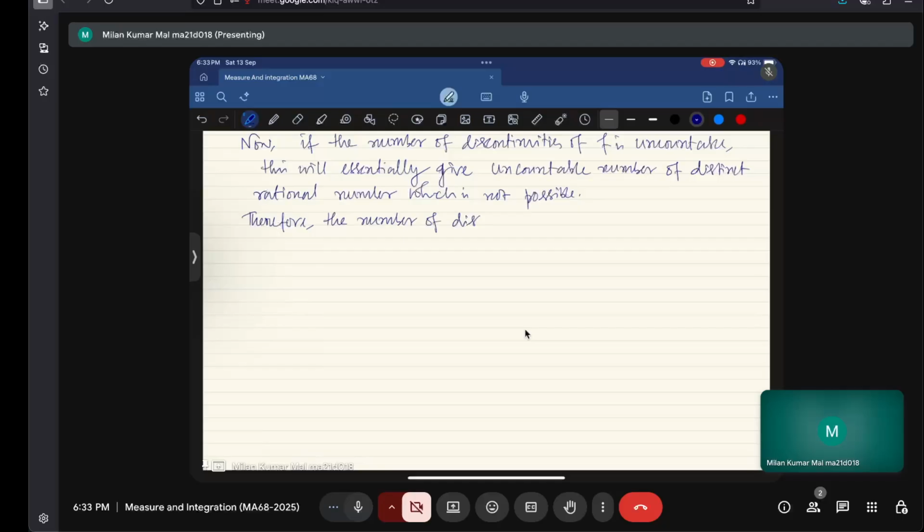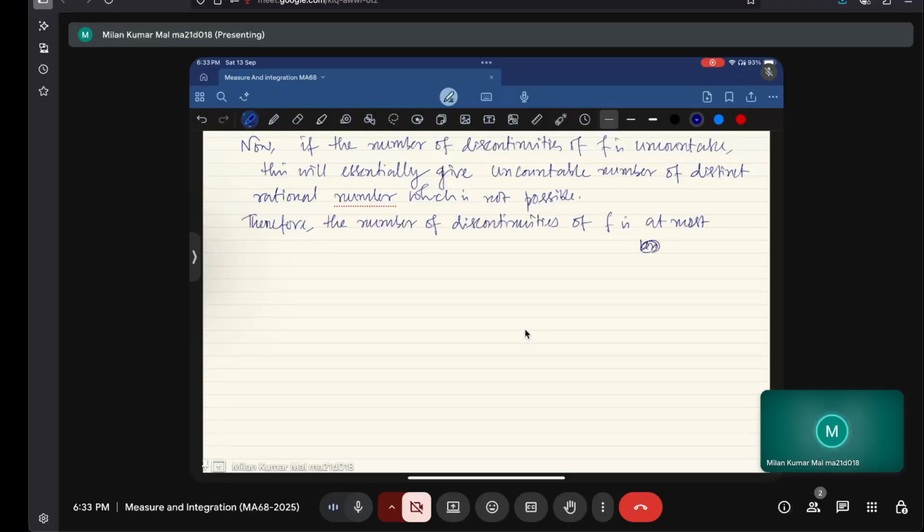Therefore the number of discontinuities of f is at most uncountable. Sorry, at most countable. This completes the solution of the problem. Okay, so this is the solution of the problem.